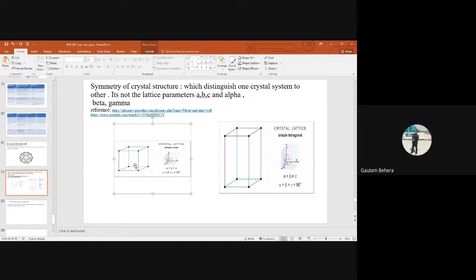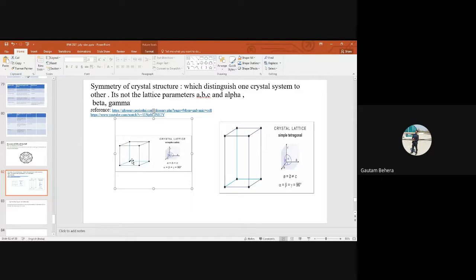But here, what is the lattice parameter? The lattice parameter is nothing but the edge length of this cube. Just have a look at this colorful part. This is one edge length, this is another edge length, this is another, right? All the edge lengths are same.